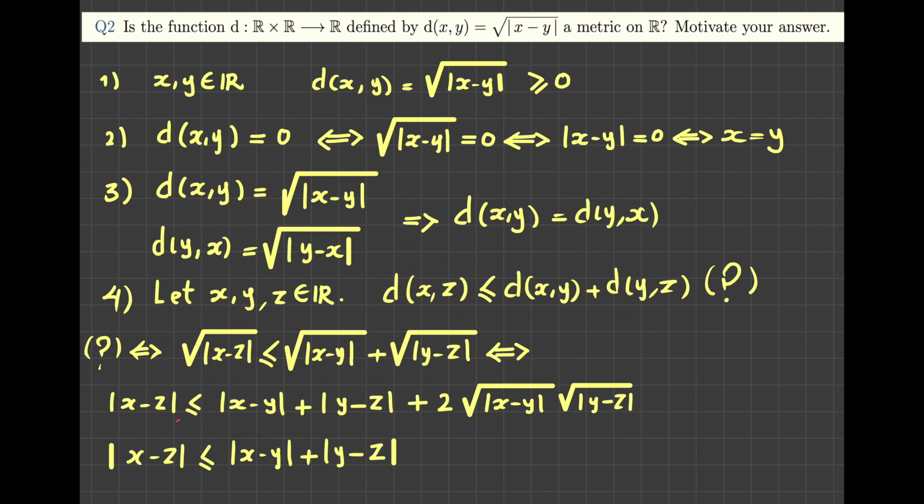This means that the left expression is smaller than this part, and the remaining term is also non-negative, so the situation is even better for us: this one is smaller than this part, let alone if I add something non-negative to the right hand side. Because this is true, and this longer one is equivalent to this one, and this one is equivalent to my question mark, I have proven that the question mark is also true. So this function satisfies all four properties demanded for a metric.